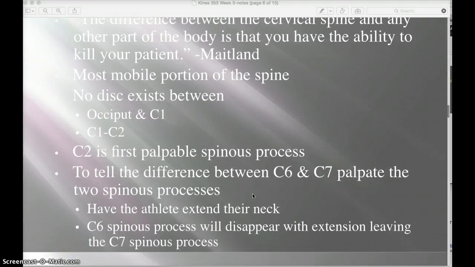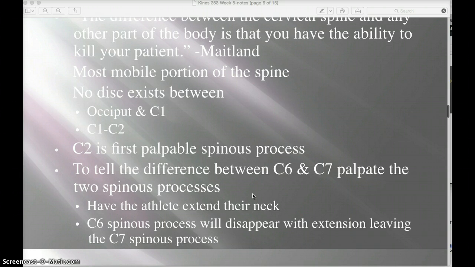C2 is the first palpable spinous process, because C1 does not have a spinous process. Another thing to note is the difference between C6 and C7: when you flex the spine, so if you touch your chin to your chest, you're going to be able to see C6 and C7. They poke out a lot through your neck. But when you extend the neck, only C7 will remain visible.